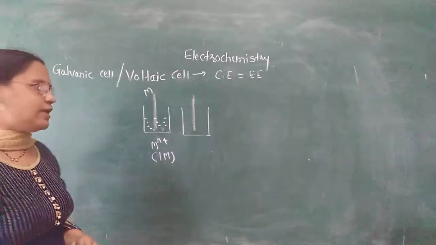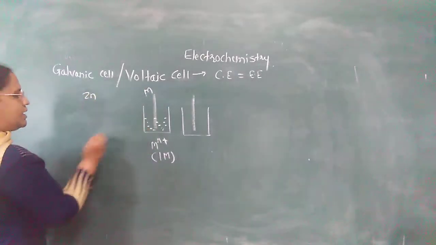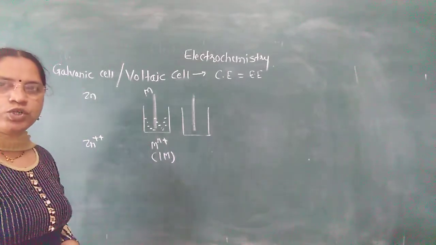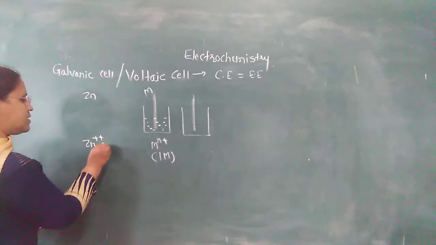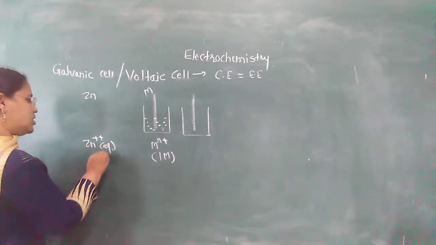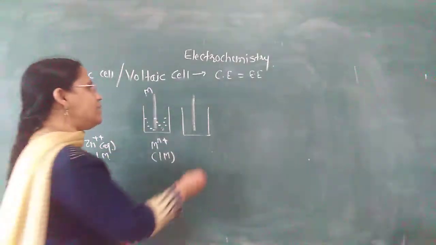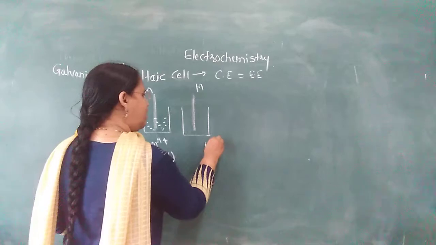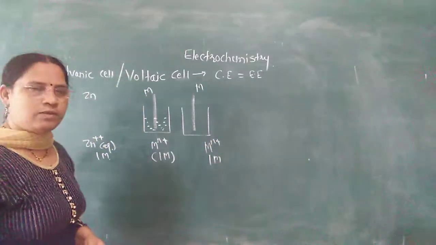To make the concept specific, let us consider the metal is zinc. Zinc is placed into the aqueous solution of its own ion, Zn++, having a specific concentration, suppose 1 molar. So this is one electrode. Now the second metal electrode is immersed again into its ion Mn+, having concentration, suppose 1 molar.